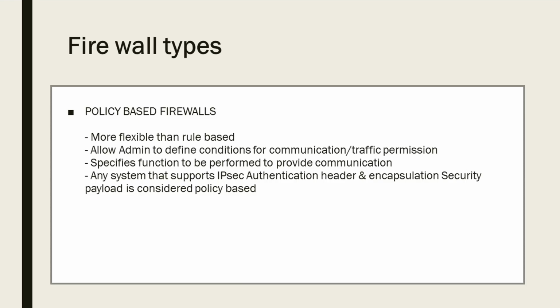So you can allow based on protocols, or allow a particular IP address to send traffic of any type. When you have all this IP security, authentication, and encapsulation security payload checking, those are policy-based firewalls.